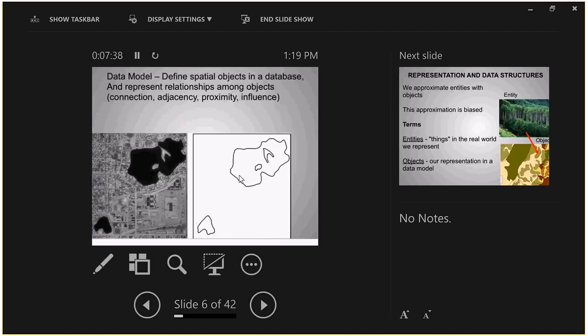We're going to use the word database a lot, but a database can just be a file or a series of files. It's a data store. Which data model we use can help us to answer spatial relationship questions like how close things are, do they touch, is there influence on one versus the other.